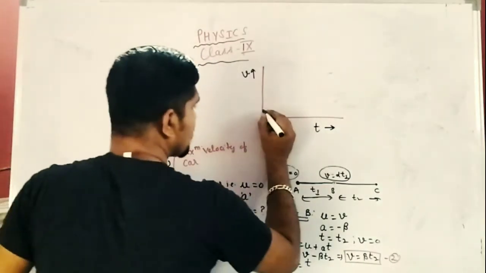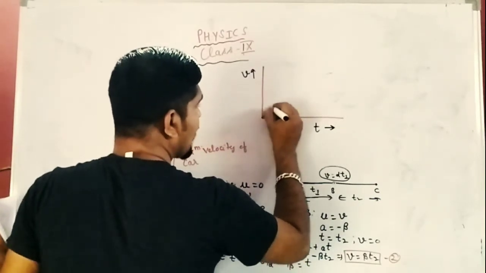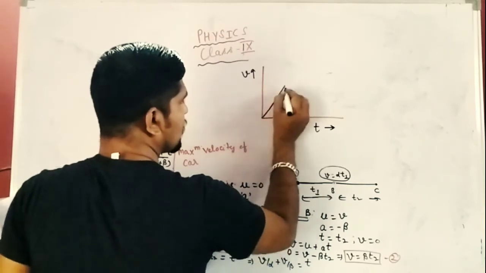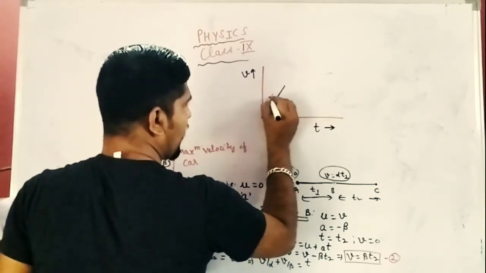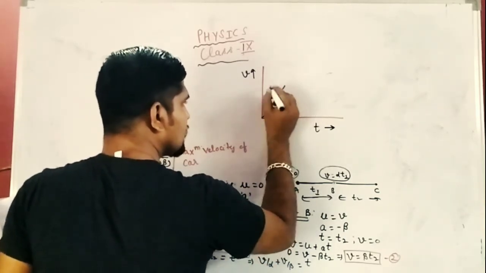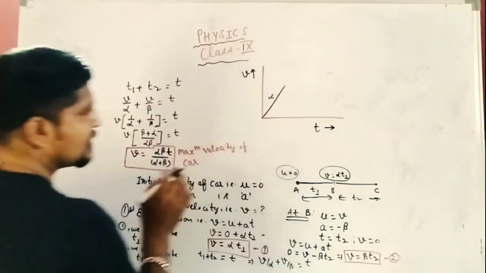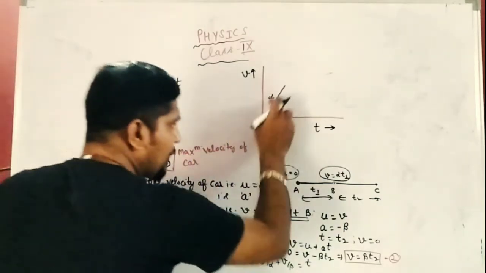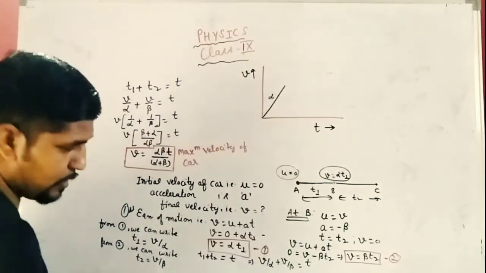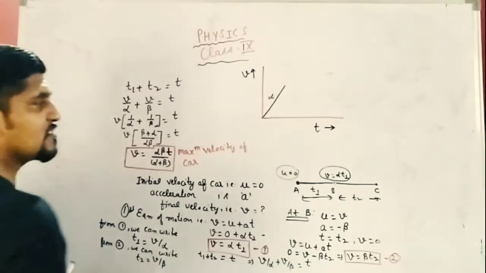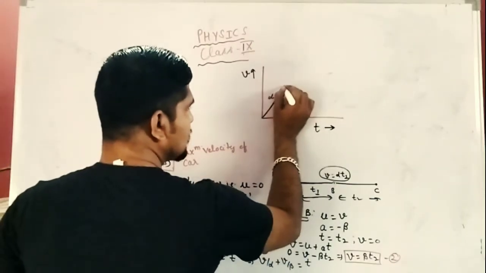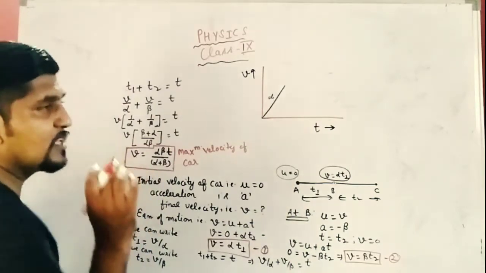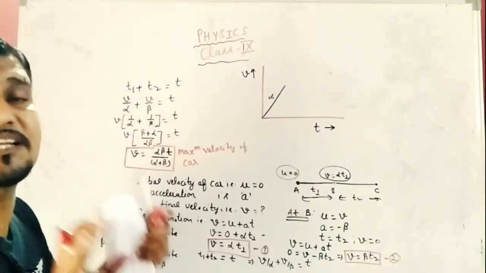Let us suppose the car is accelerating, so it has some slope. This alpha is just the slope of this curve, and this slope tells you the acceleration.